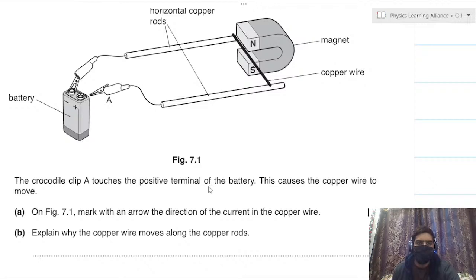Alright, so this one seems to be easy. We have to mark the direction of current in the copper wire. The convention is the direction of current is from the positive terminal of the battery to the negative terminal.